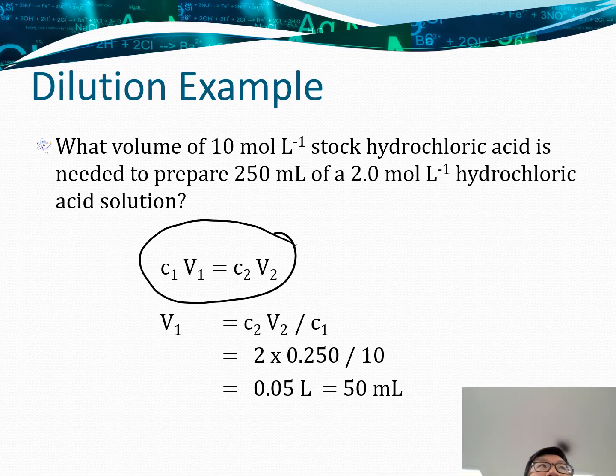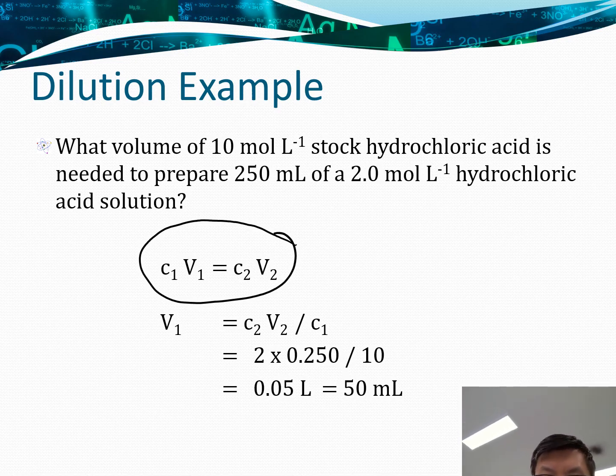So this question reads, what volume of a 10 mole per liter stock hydrochloric acid is needed to prepare 250 mils of a 2.0 mole per liter hydrochloric acid solution?